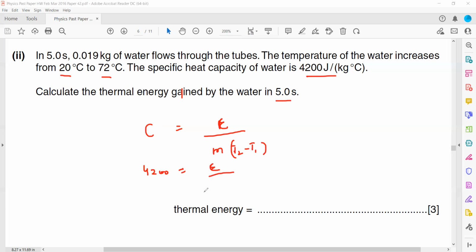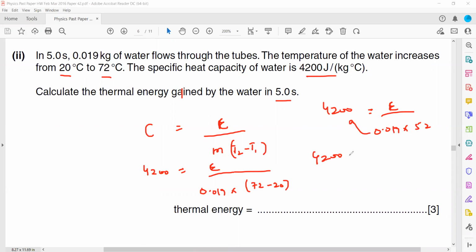M is the mass, which is 0.019, and the temperature change is always greater minus smaller, so 72 minus 20, which is 52. So 4200 equals E divided by 0.019 times 52. The whole is divided, so on the other side it is multiplied: 4200 multiplied by 0.019 multiplied by 52 gives us E, the energy.